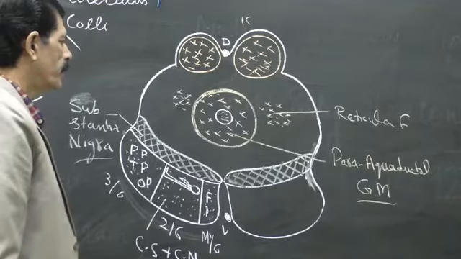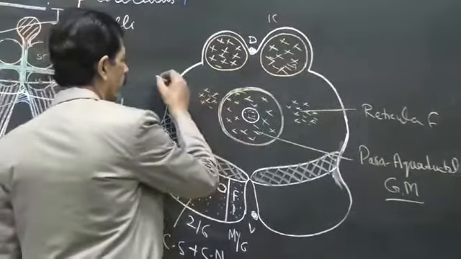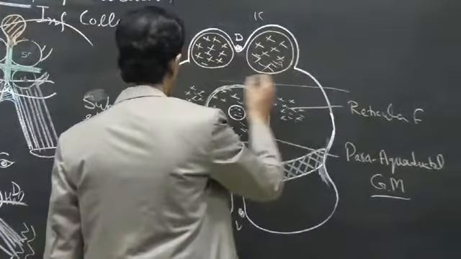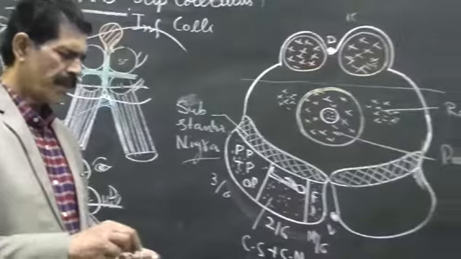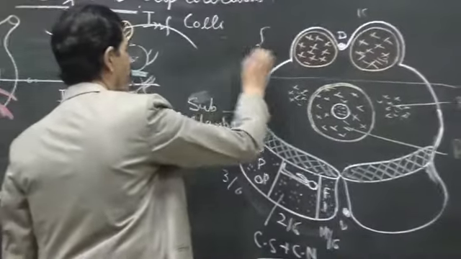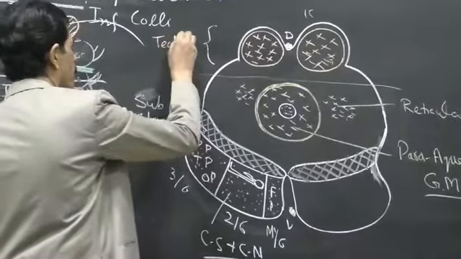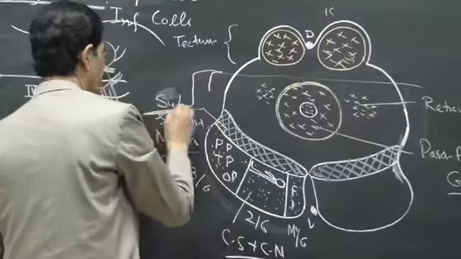And when we put a line horizontally through the para-aqueductal gray matter, the midbrain is internally divided into two parts. The dorsal part is called tectum, and the ventral part is called tegmentum.